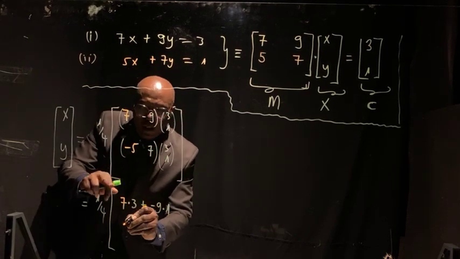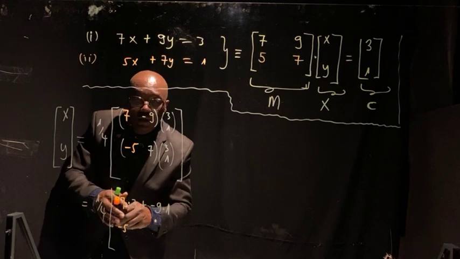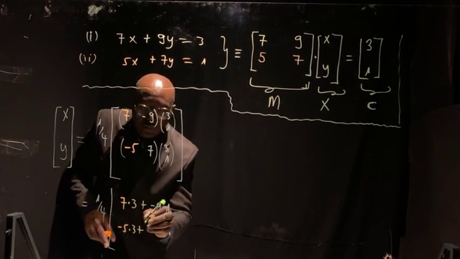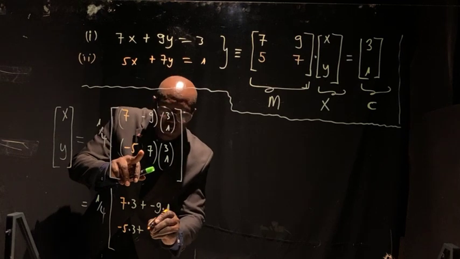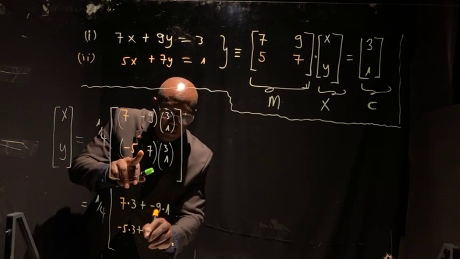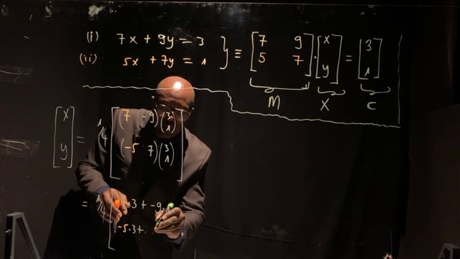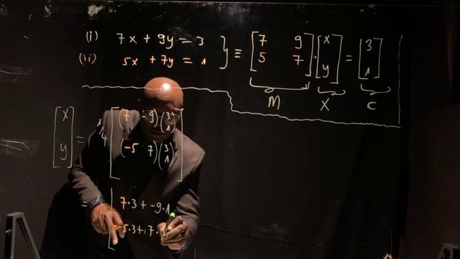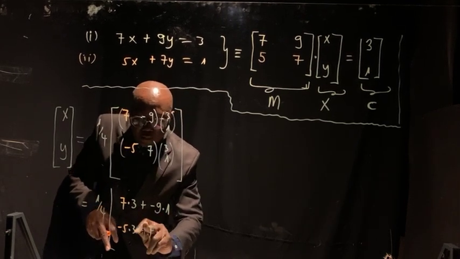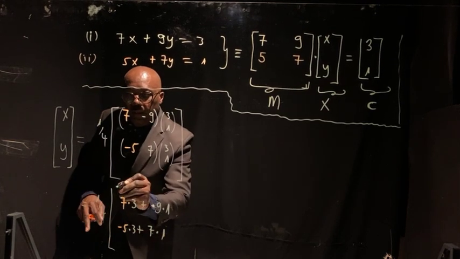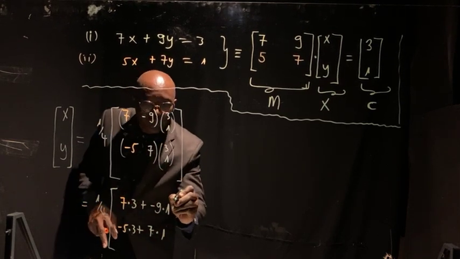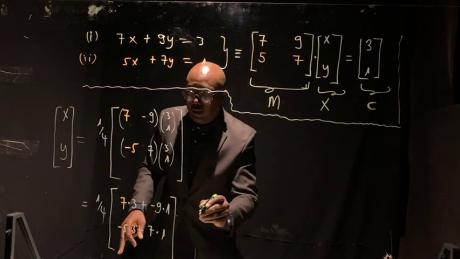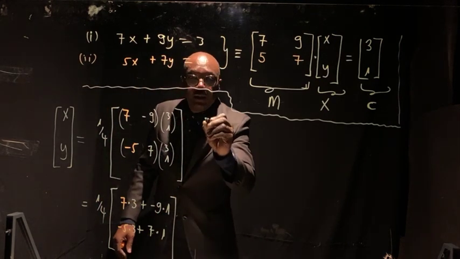And we come here, minus 5 multiplied to 3 plus 7, which is the green one, multiplied to 1. So we have, this one becomes the next one.